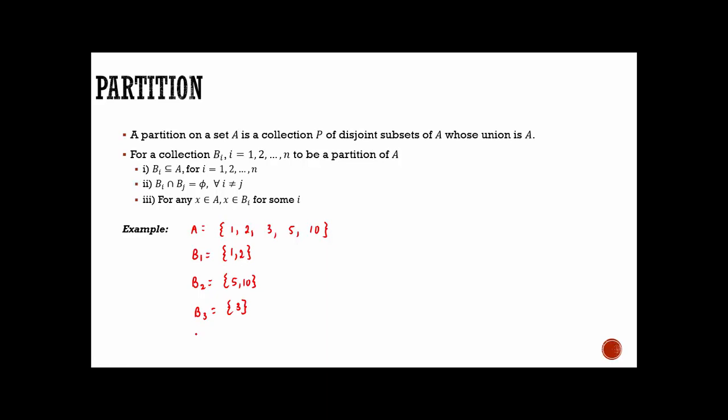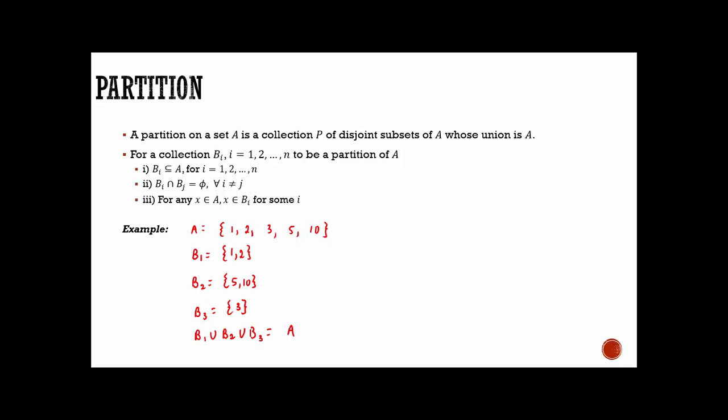And we know that the union of B1, B2 with B3 is going to be equal to A, right? Because each one of them is a partition of this set, and when you put them together, we end up with this original set. Okay, so that's an example of a partition.